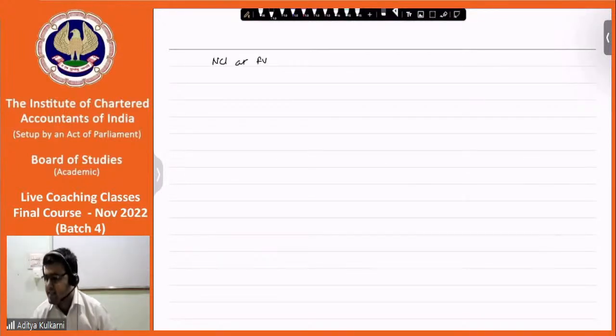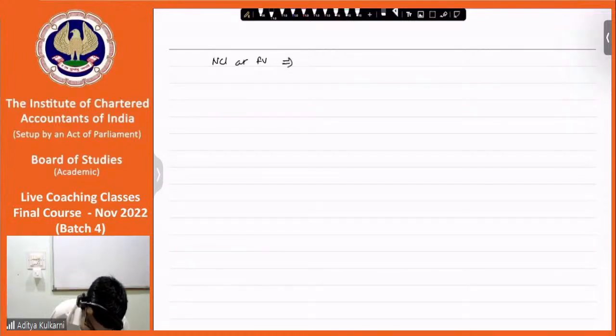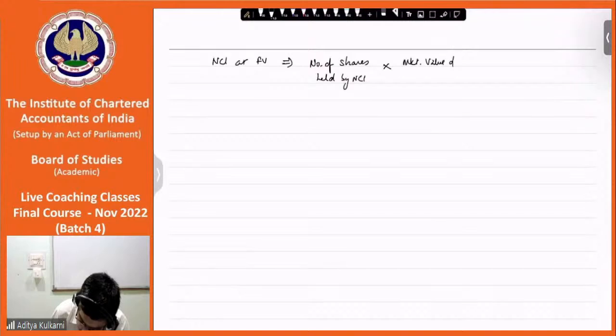What she is asking is, if we record the NCI at fair value in the consolidated balance sheet, is the goodwill of NCI included in it? It's not like that. NCI at fair value is nothing but the number of shares held by NCI multiplied by the market value of shares on the date of acquisition.